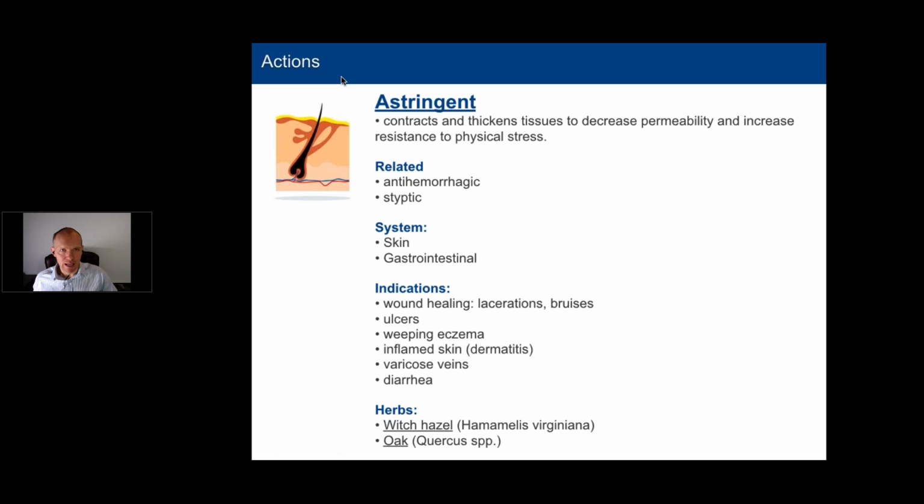There are many herbs that have an astringent action, and it's to varying degrees. So the archetypal two herbs are witch hazel and oak, but then a lot of other herbs that contain phenolic compounds will have this effect as well. If you're drinking green tea, for example, or black tea, you'll notice the astringency.